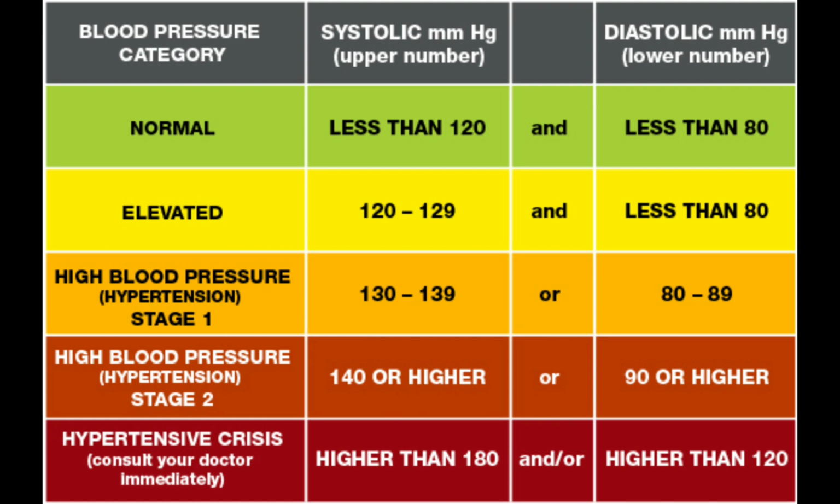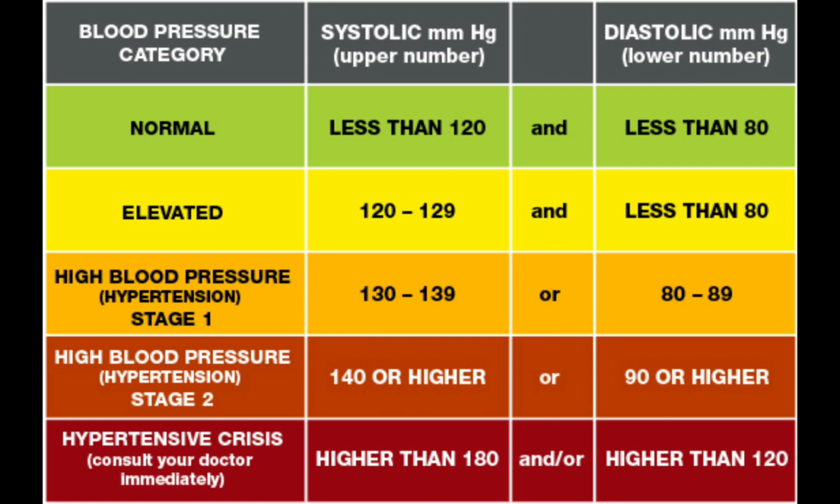We call it high blood pressure grade 1 or stage 1 high blood pressure when the systolic blood pressure is between 130 to 139 millimeters of mercury, or the diastolic blood pressure is between 80 to 89 millimeters of mercury. Stage 2 hypertension is when the systolic blood pressure is 140 or more, or the diastolic blood pressure is 90 or higher.